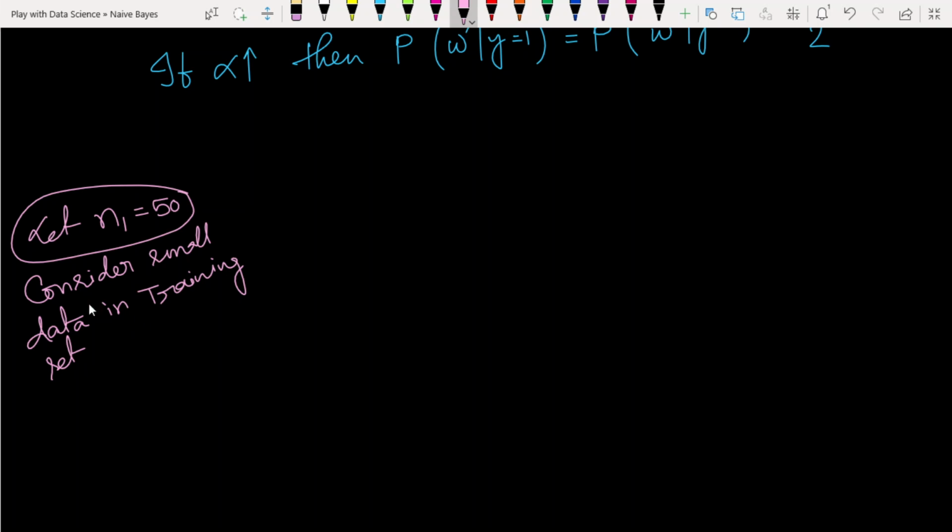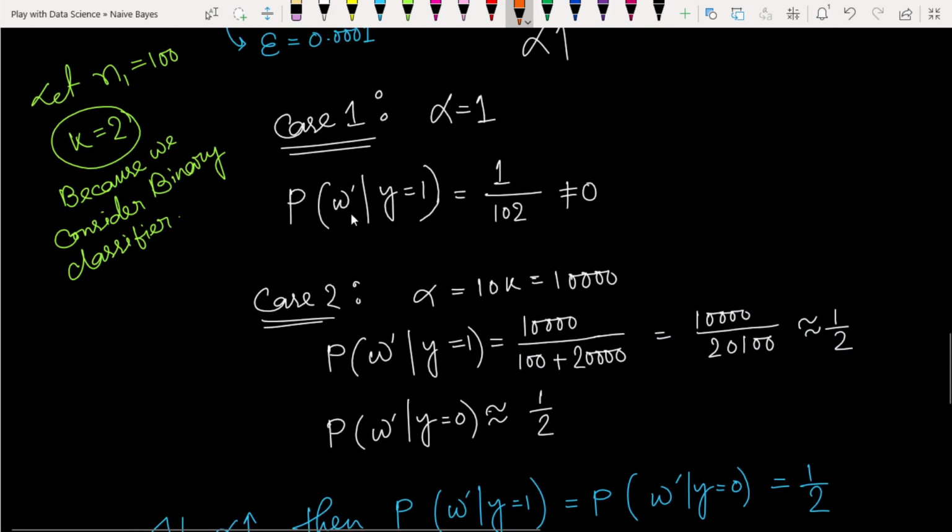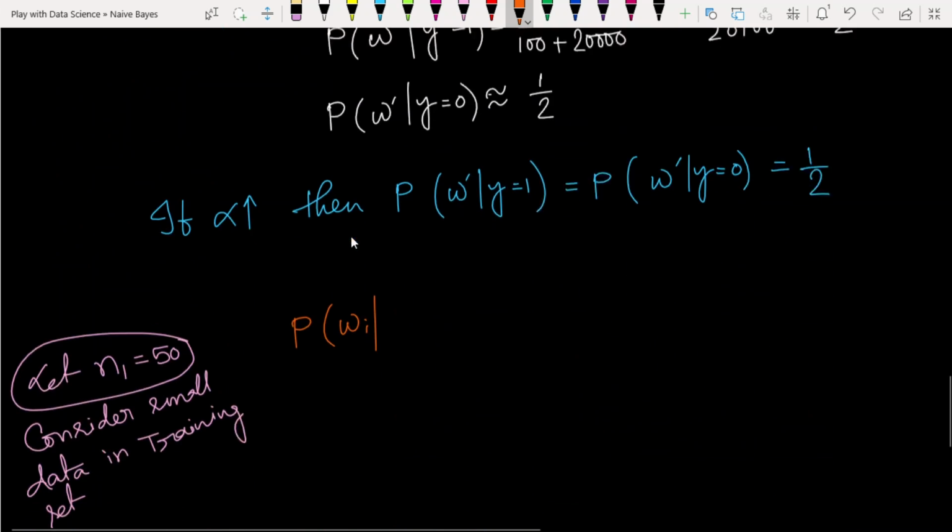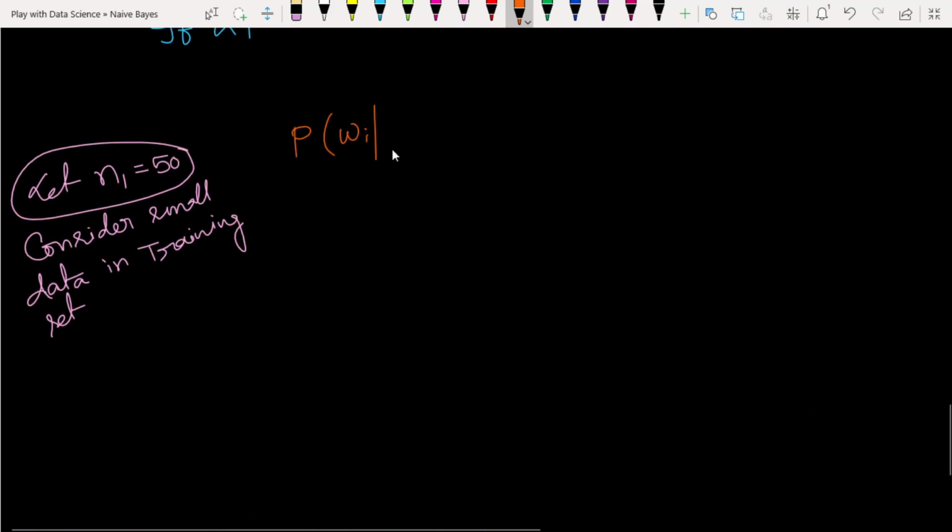In such situations, what happens? Let's see. Now we are interested in calculating P of Wi, and we are using this for all the data sets, not only for the unknown word.